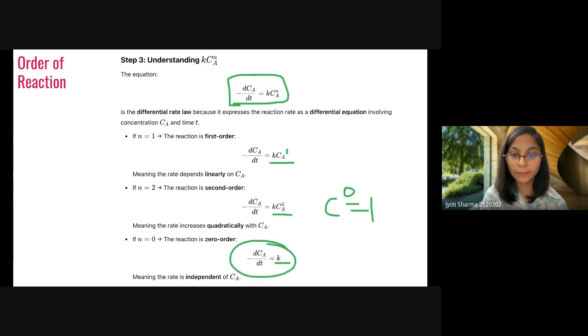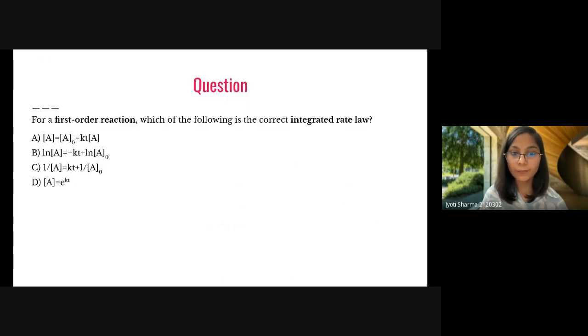Okay, so my next question is based on this only. If you have the first order reaction, which of the following is the correct integrated rate law? The first is the concentration of A equal to the initial concentration of the reactant minus Kt multiplied by the concentration of the reactant.